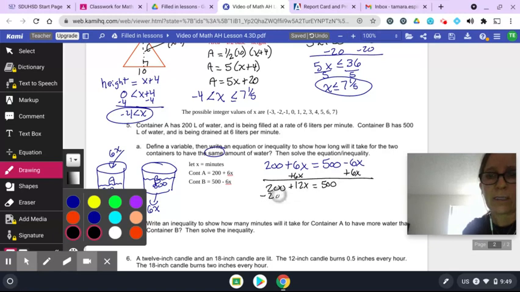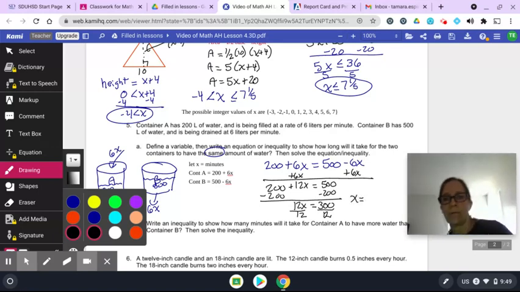I'm going to subtract 200. 12x is equal to 300. I'm going to divide by 12. x is equal to, okay, so if I divide it by 3, I'm down to 100. And if I divide by 4, because that's the other part of 12, I'm down to 25.